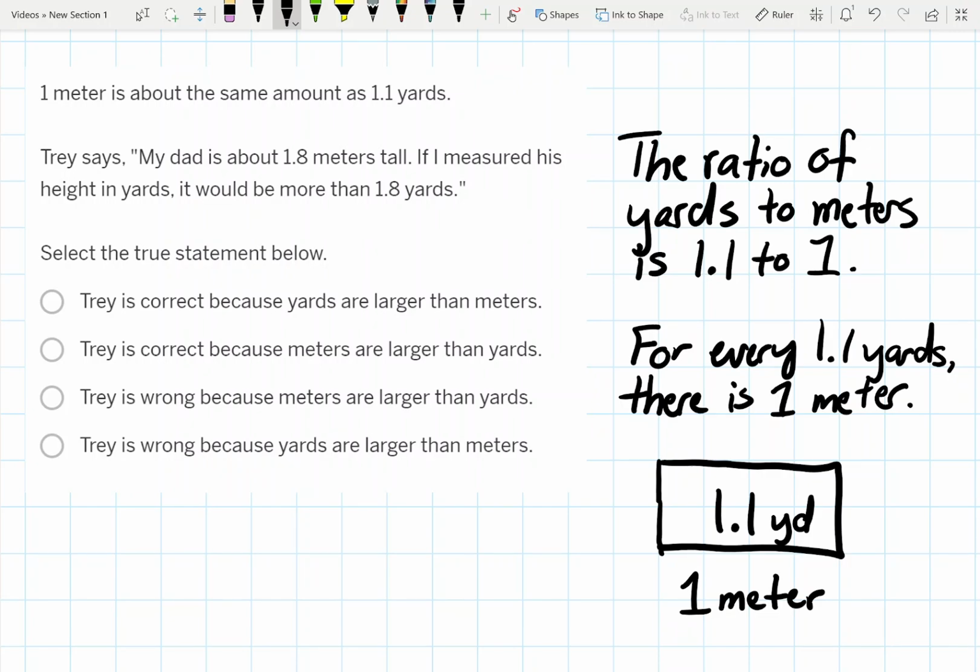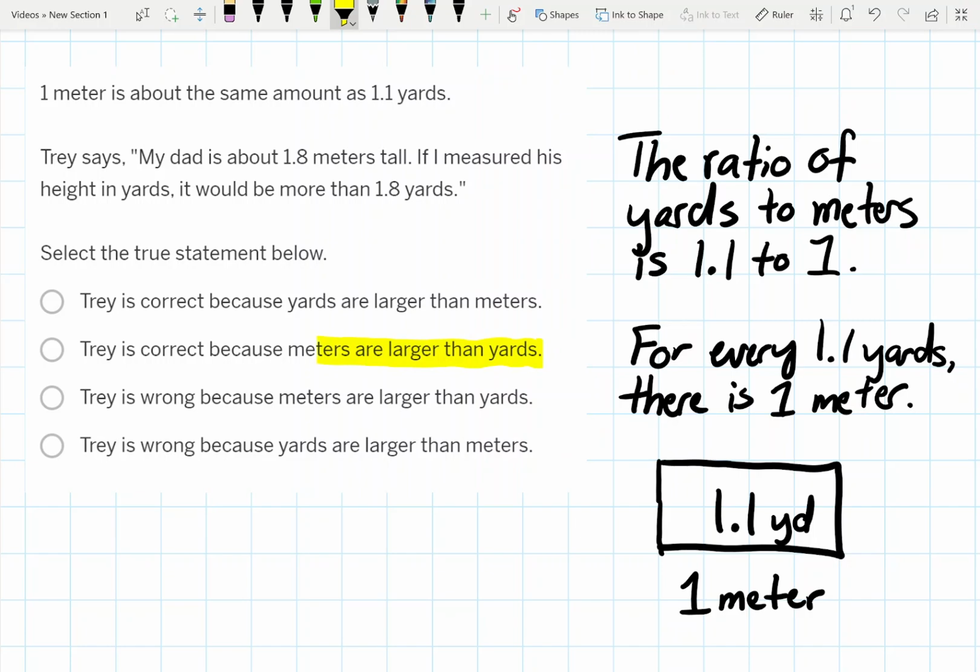So since we can fit more than a whole yard inside 1 meter, that's going to mean that meters are larger than yards, because we can fit more than a whole yard inside 1 meter. Whereas if we just had 1 yard, so we shaved off a little bit from the 1.1 yards, we wouldn't even have a whole meter. So the first thing is that meters are larger than yards.